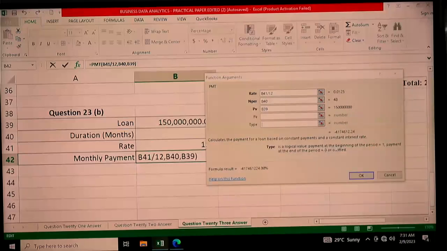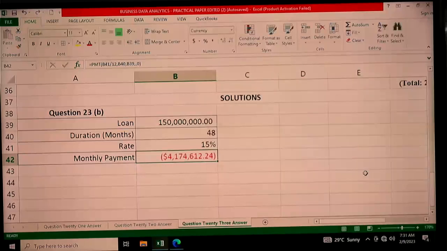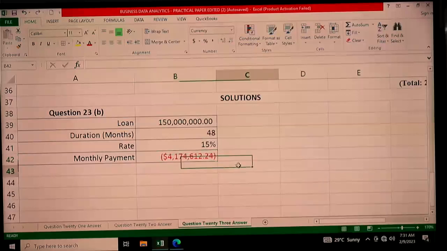For payment at the beginning of the month, we use 1. For payment at the end of the period, we use 0. So in our case, we type 0 because the payment was made at the end of the month. Once you finish, you click OK, and it will generate the monthly payment for that loan, the amount of money you're supposed to pay every month. So that is how you solve that question.